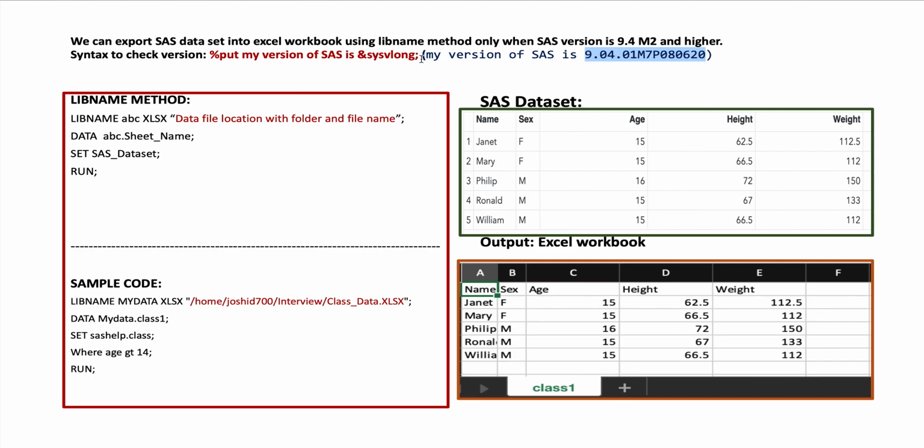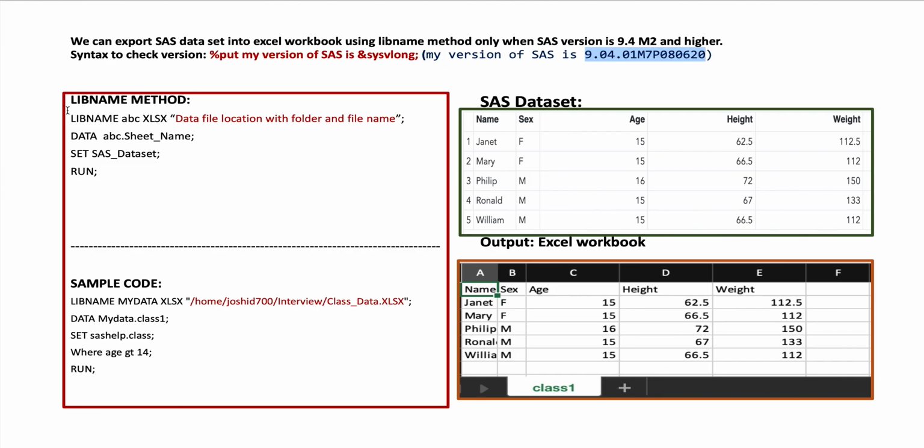When we run the code, a message will display in the SAS window: My version of SAS is 9.04.01 M7. That means in my case I am using the M7 version of SAS, which is higher than M2. That's why the libname method is applicable.